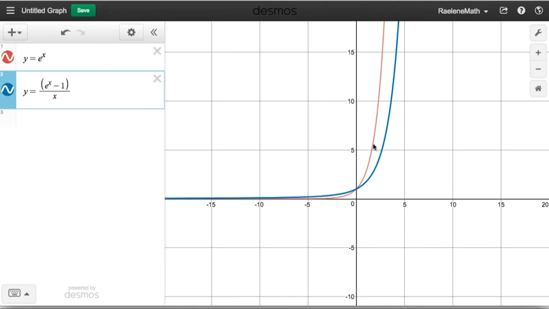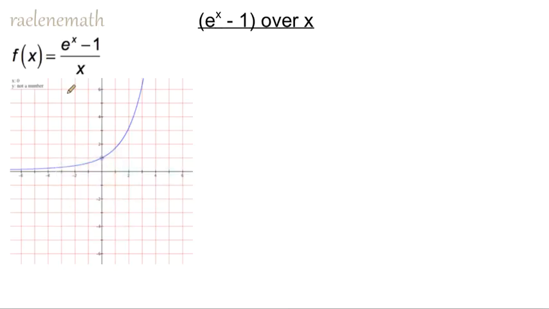However, on the red graph, we know there's no domain restriction, but the blue graph has a denominator, and so there is a domain restriction. And when x is 0 on the blue graph, it says here that the y value is undefined. Specifically, undefined means not real or not single or not finite. And in this case, the y-coordinate is trying to take on infinitely many values. So we see again the y-coordinate f of 0 in this case is going to be e to the 0, which is 1 minus 1 all over 0, which is 0 over 0.